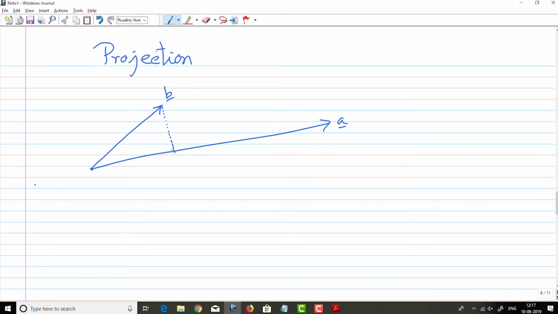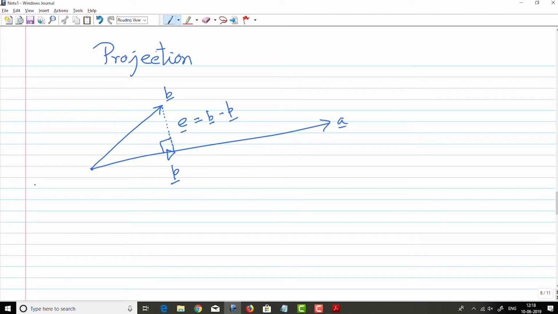So my projection vector P, which I want to find, is this P vector. We have to see that this is orthogonal, perpendicular. We call this the E vector. E is equal to B minus P.